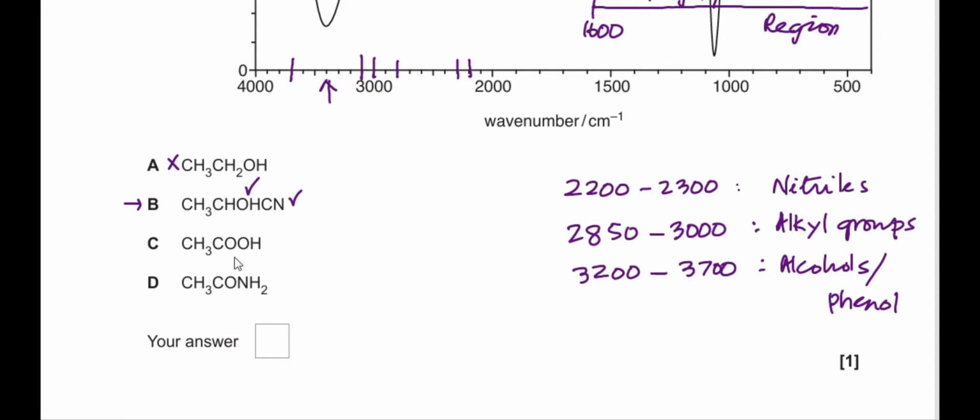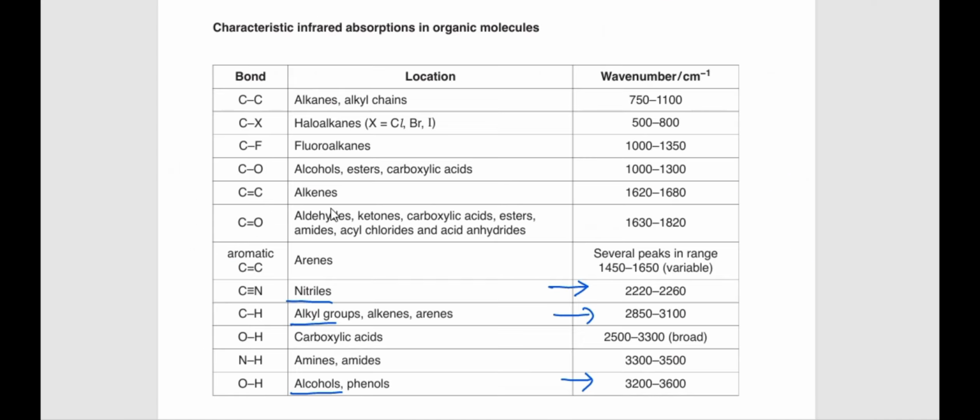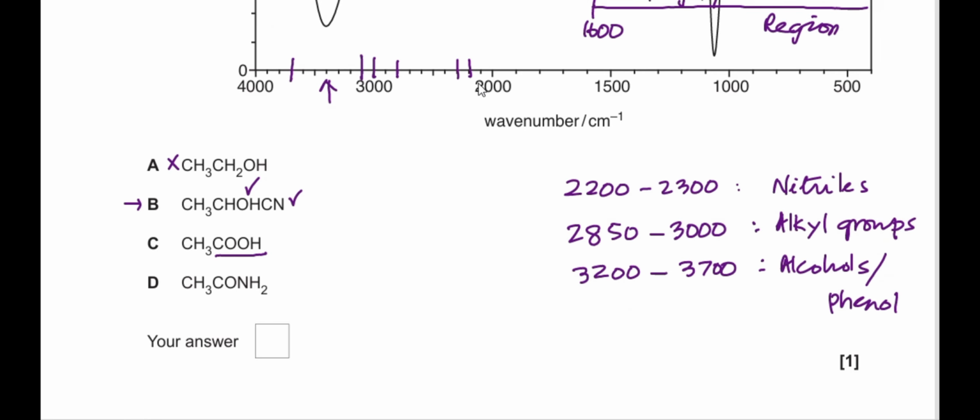And the next one, CH3COOH, so this is a carboxylic acid group, and if we look into the data sheet, you can see that carboxylic acid should have 2500 to 3300, which is not indicated here, and therefore this cannot be true.